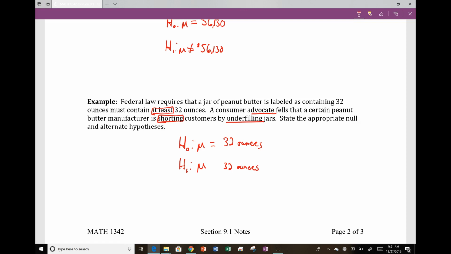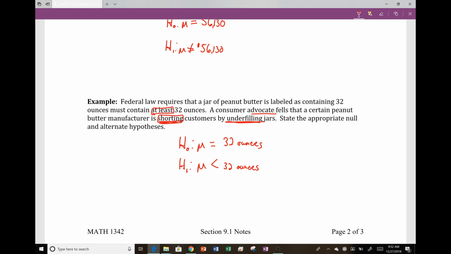No. If a jar of peanut butter shows on the label 32 ounces and there are 32.3 ounces, the consumer is not going to be upset. But if there is only 31.5 ounces, the consumer is going to be upset. So we want to check to see if they are shorting, underfilling, if it is less than 32 ounces.